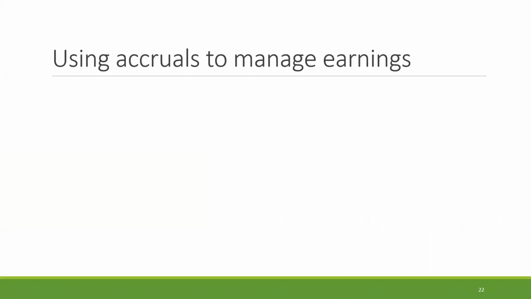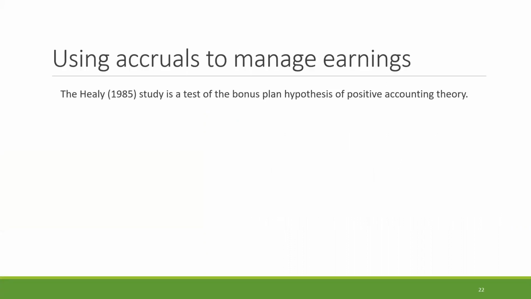All right. So using accruals to manage earnings was first studied by, I think his name is Paul Healy, in 1985 as a part of his PhD thesis. So in positive accounting theory, there's a bonus plan hypothesis, which states that if a company has a bonus plan in place, other things remaining equal, managers will choose accounting policies that will help report higher net income than otherwise.